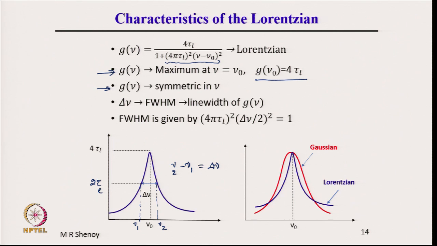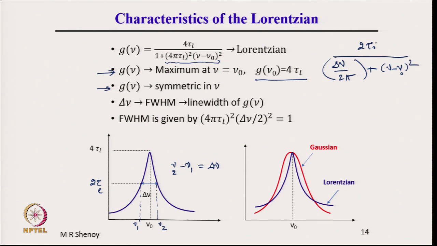Whenever a Lorentzian is given, it could be given in a different form. For example, it could be given as 2 tau 0 divided by some number delta nu divided by 2 pi into some number, nu minus nu 0 the whole square. This is also a Lorentzian.